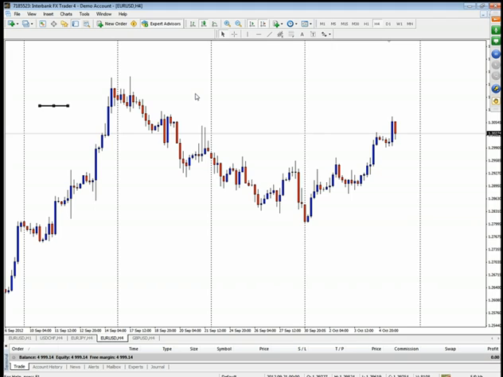If you don't want to blow up your account, which you don't want to do, you just want to use, for every $1,000 you have, depending on what you want to risk, I myself like to trade one mini. So that kind of answers how many lots do I trade for how much money I have?